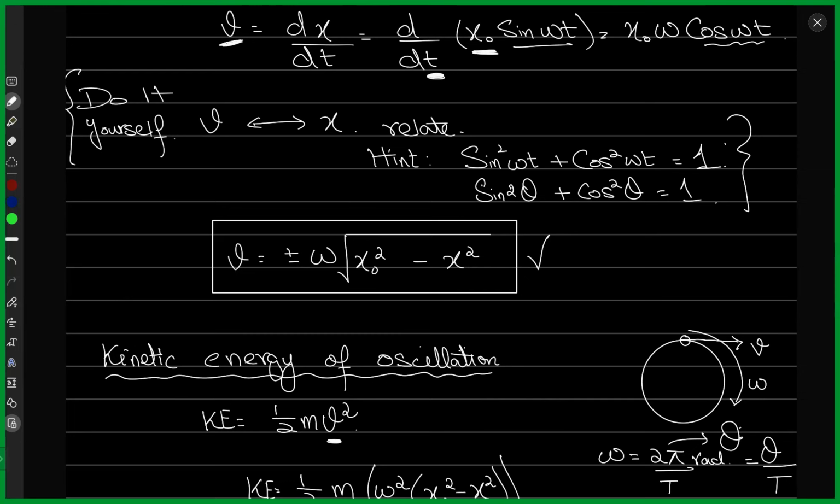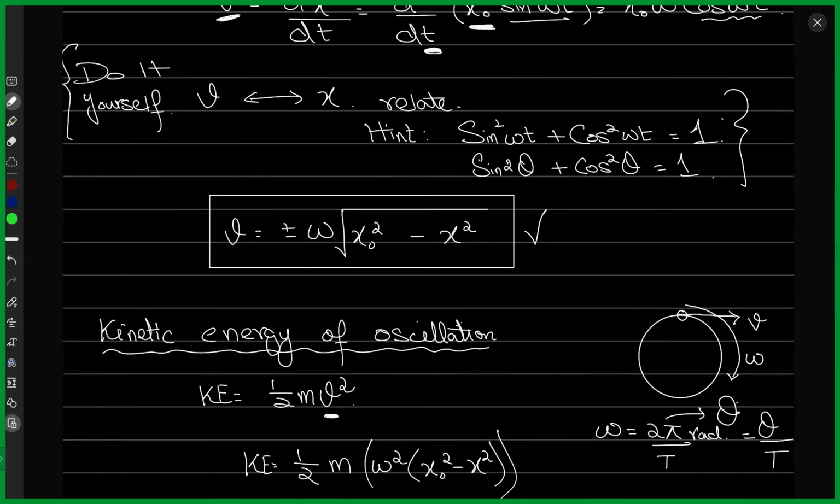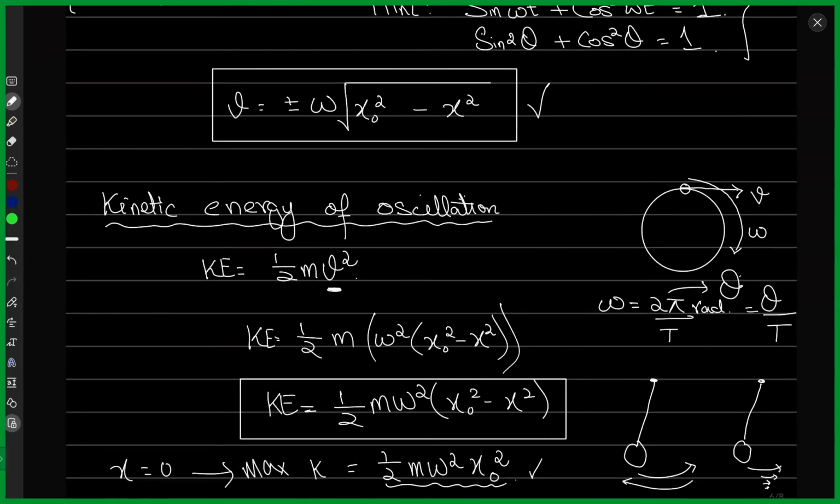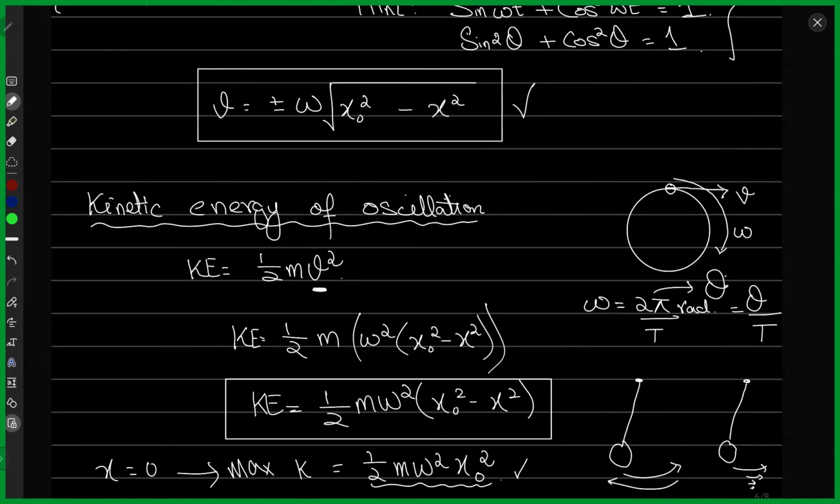So this is the relation that we derived. We use this velocity to write down the kinetic energy of any oscillatory motion. We saw that the maximum kinetic energy of such type of motion depends on the extreme position of the oscillation, which is x naught. That is also the amplitude of the oscillation.